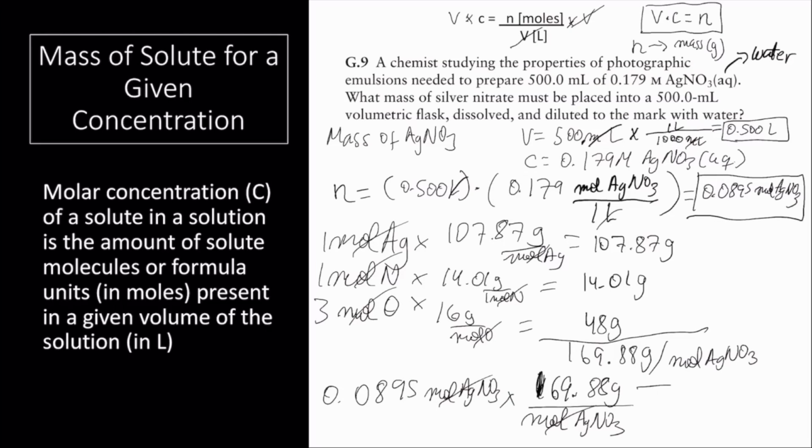Moles goes away, and multiplying these two numbers gives us a final answer of 15.2 grams of silver nitrate. And remember, this answer must have 3 significant figures because the minimum number of significant figures is here, 3.